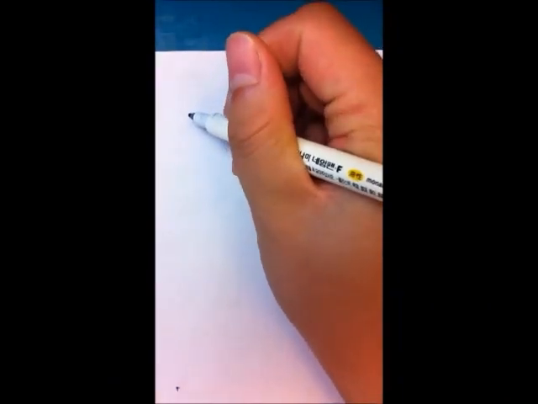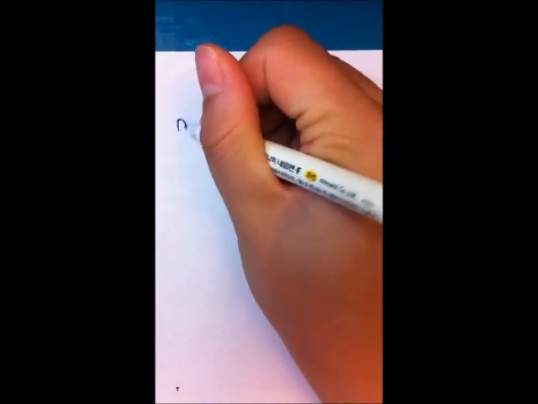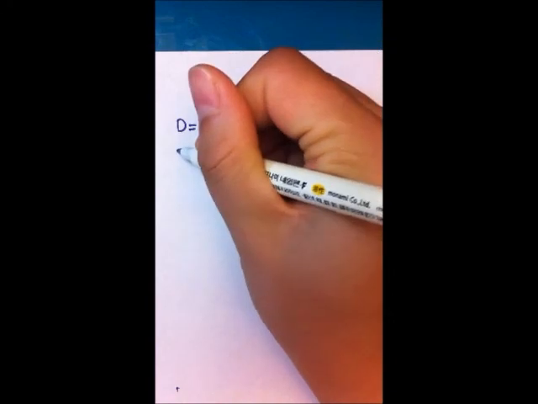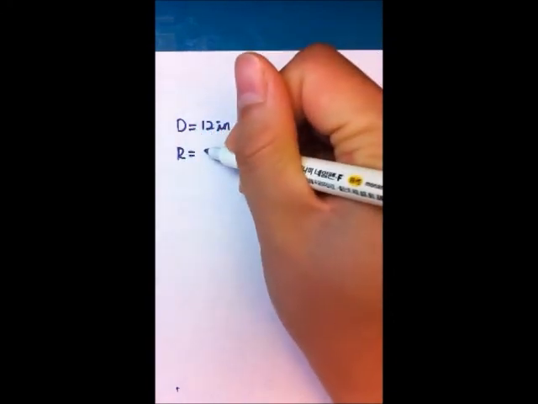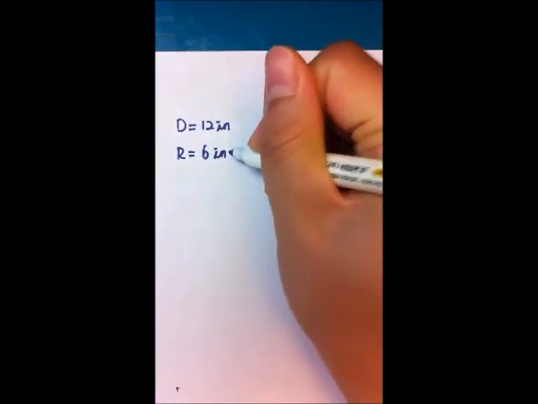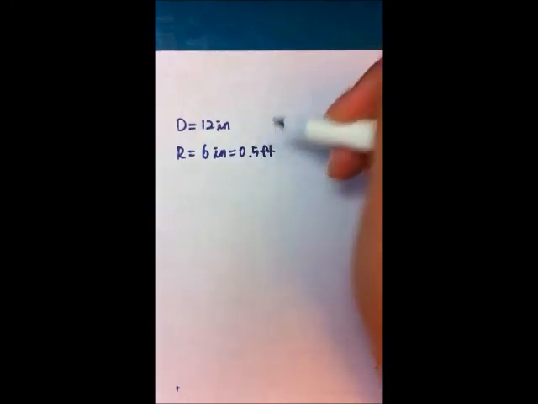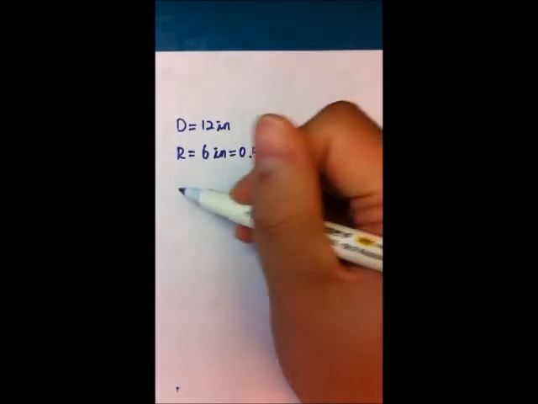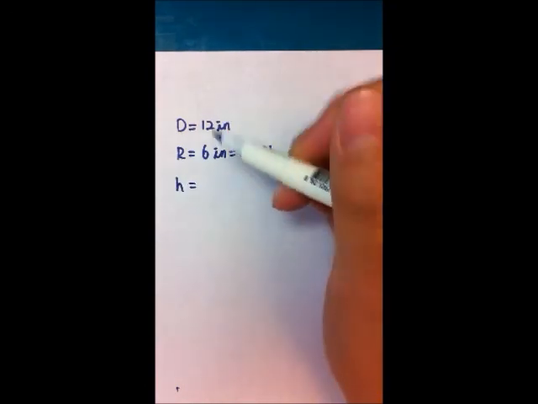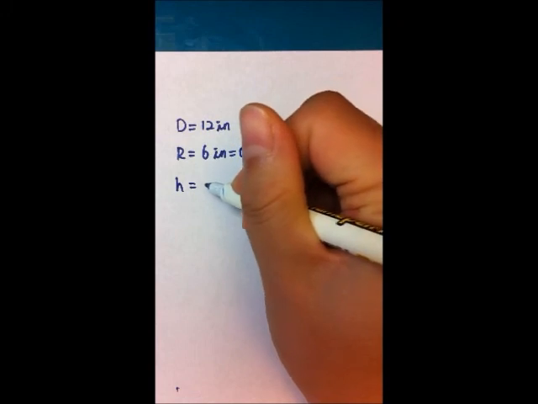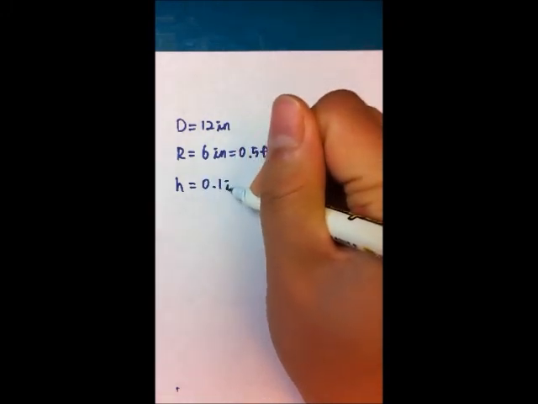Okay, first we are given the diameter of the circular plate, which is 12 inches. So the radius, big R, would be 6 inches or 0.5 feet. And the h, which is the gap between two plates, is 0.1 inches.